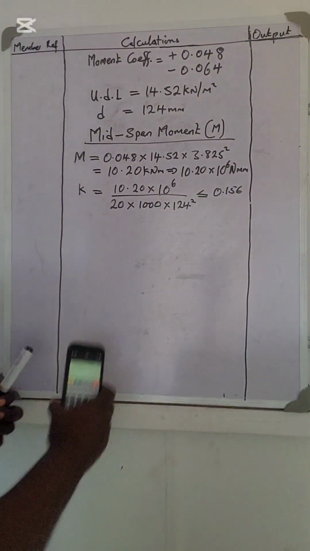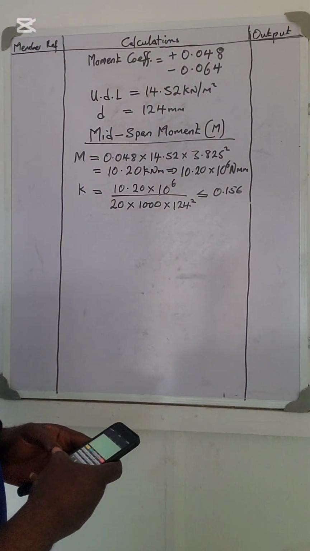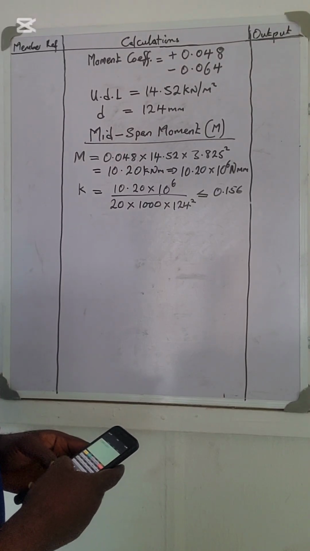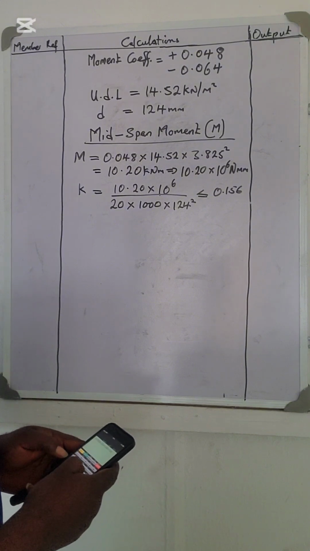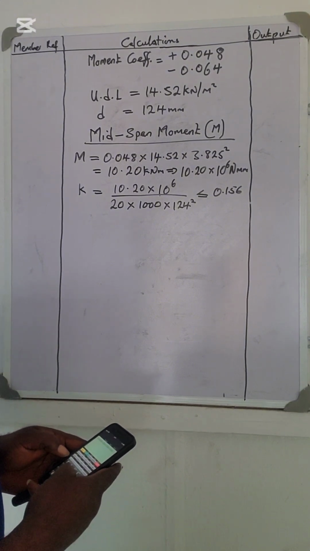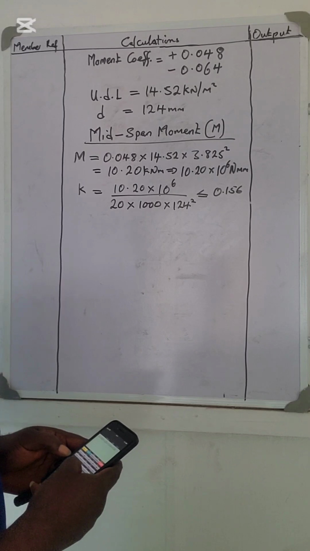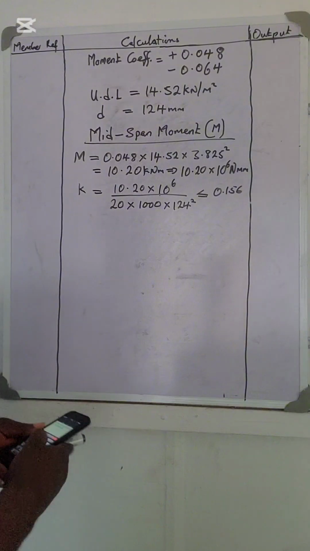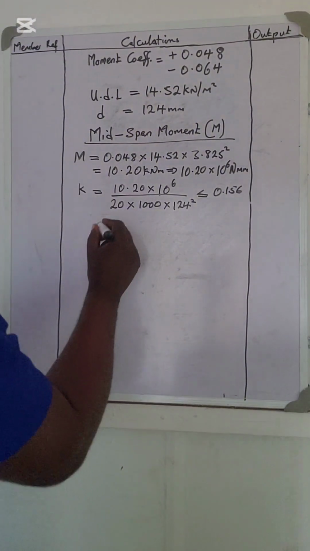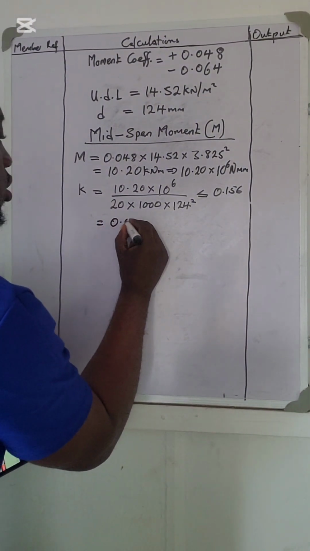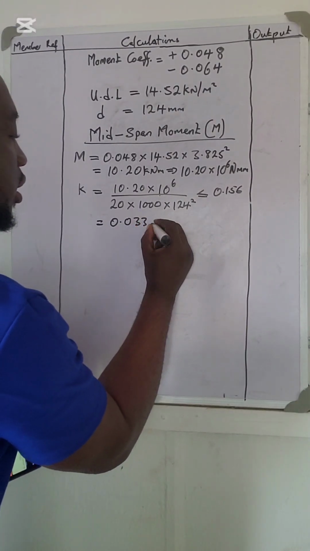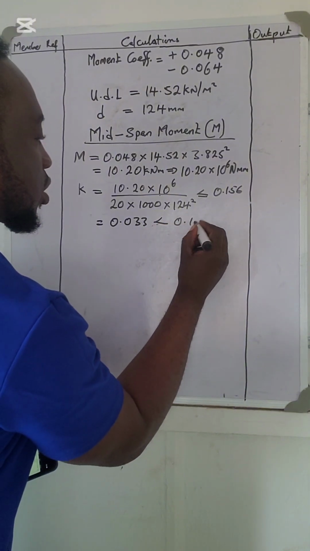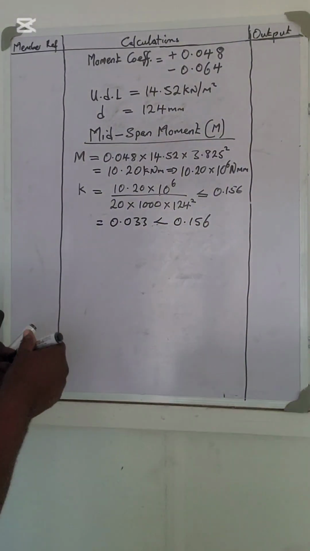When you compute this, we're going to have 0.033. This is less than 0.156. All right, we use the lesser value.